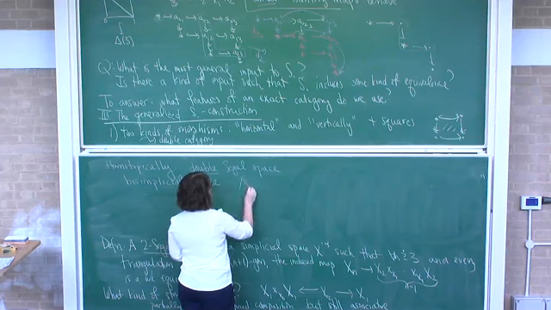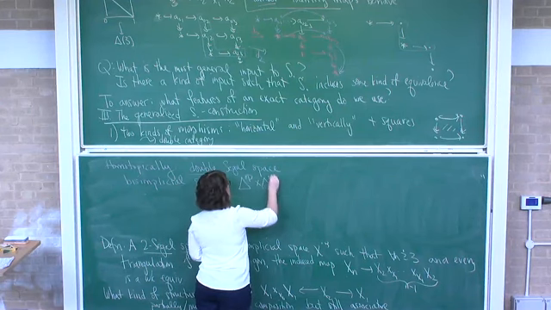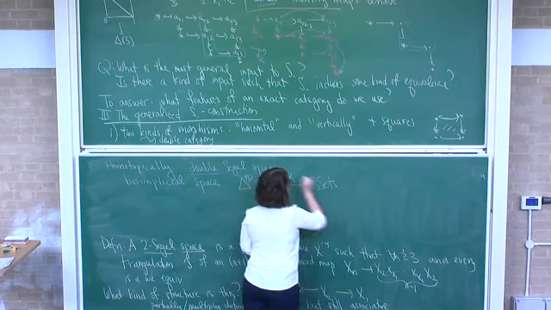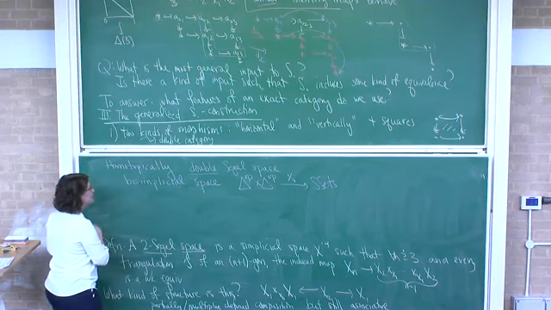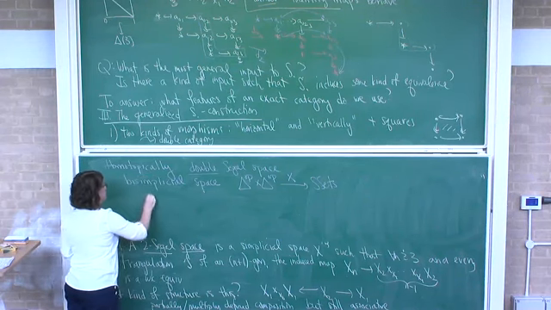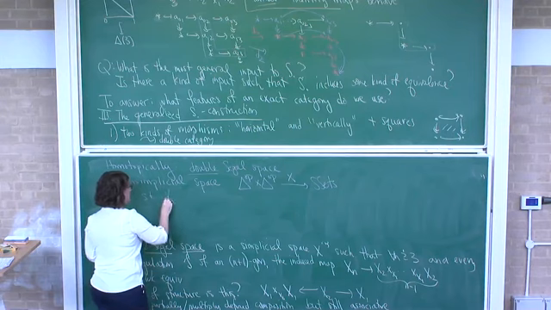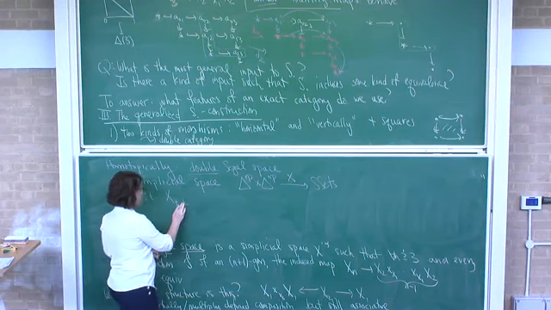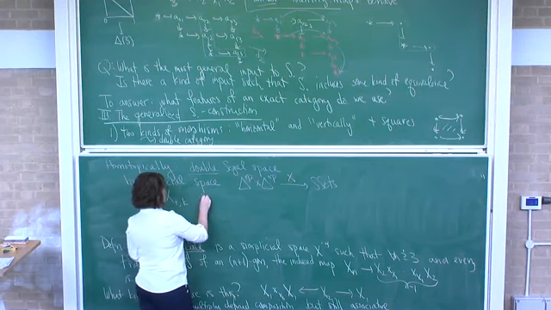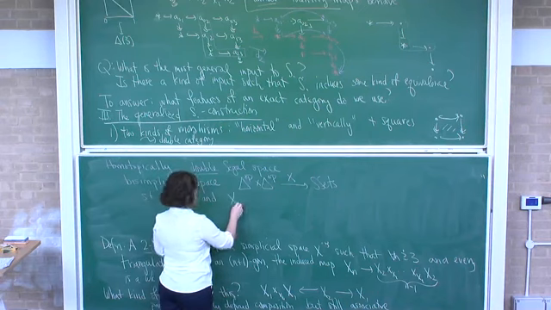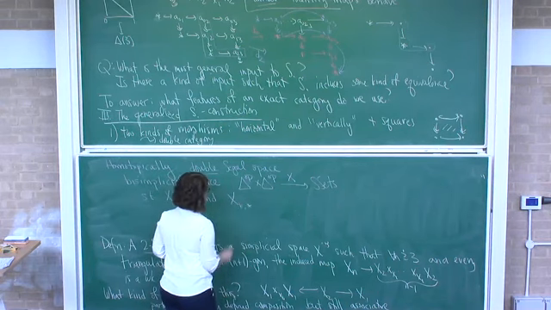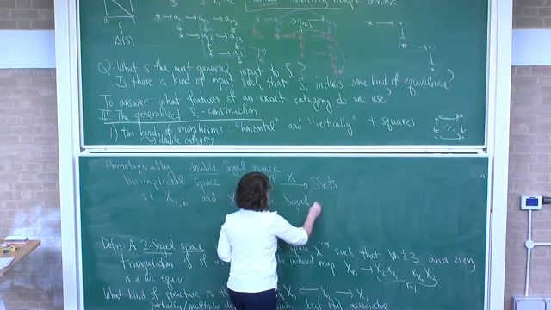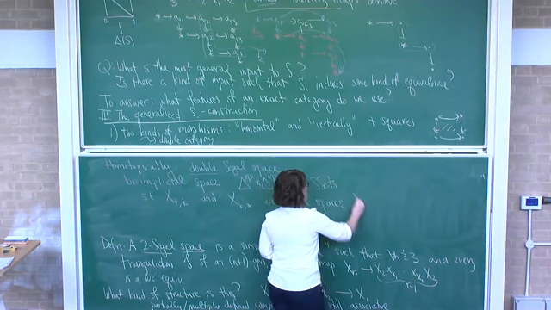So this is a functor, I call it X, from delta op cross delta op into simplicial sets, such that if I fix one direction, so that's X star k, and if I fix the other variable, so X k star, that these are Siegel spaces for every k.